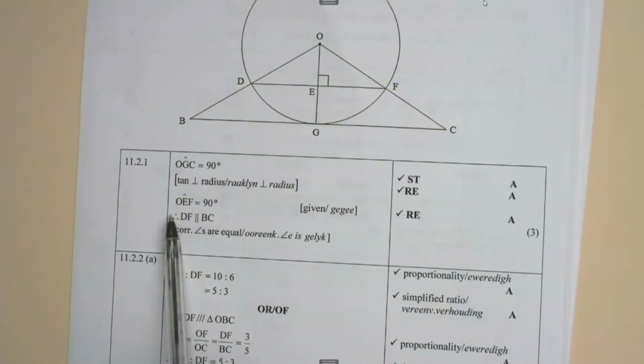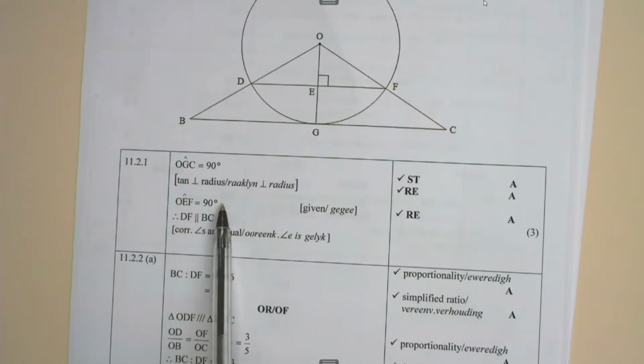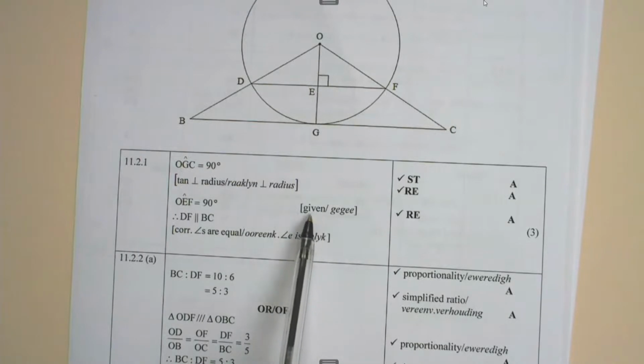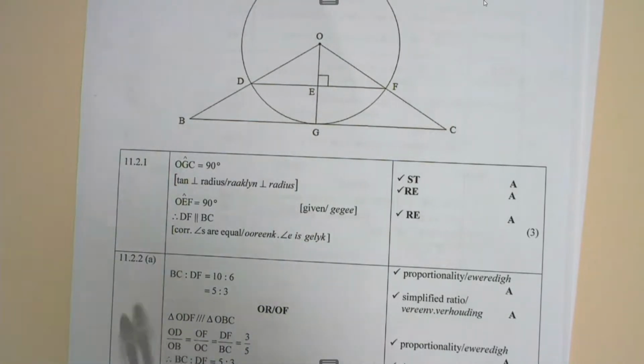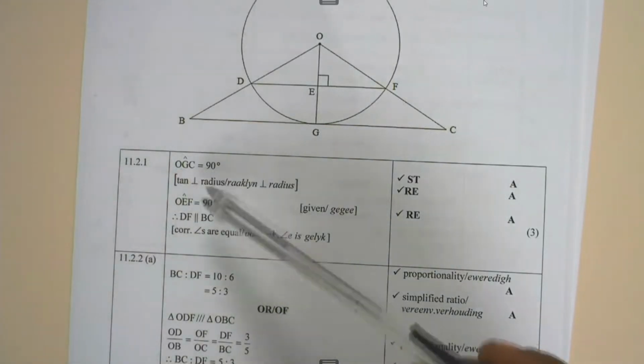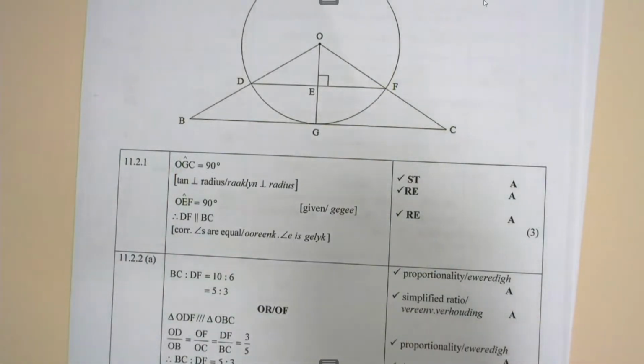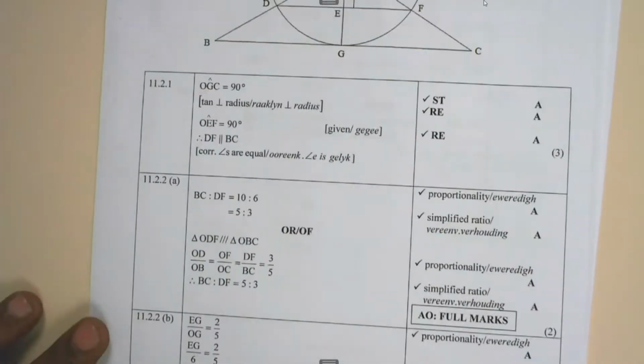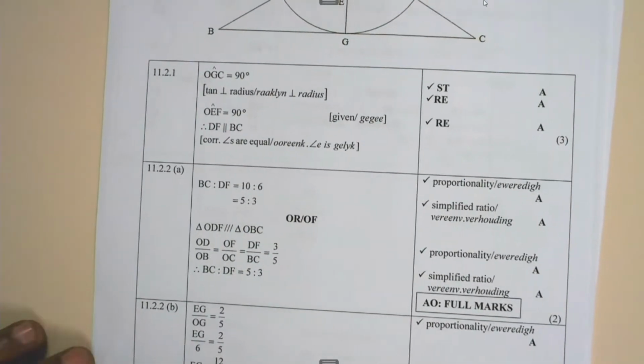And then OEF is also equal to what? 90 degrees. The reason here is given. And therefore, if we have equal angles that are corresponding, we can conclude that DF is parallel to BC. Okay, colleagues, we move to 11.2.2.